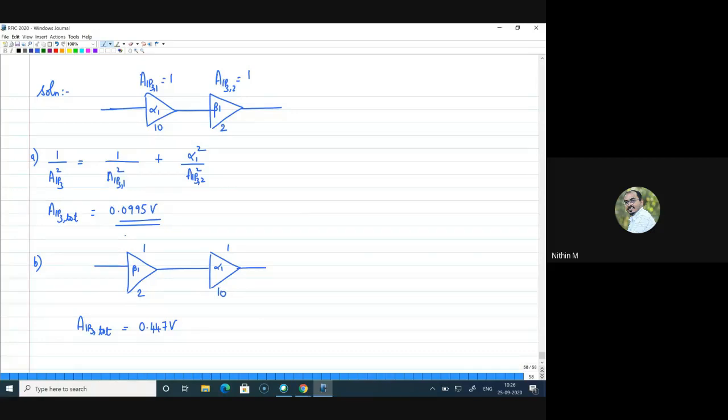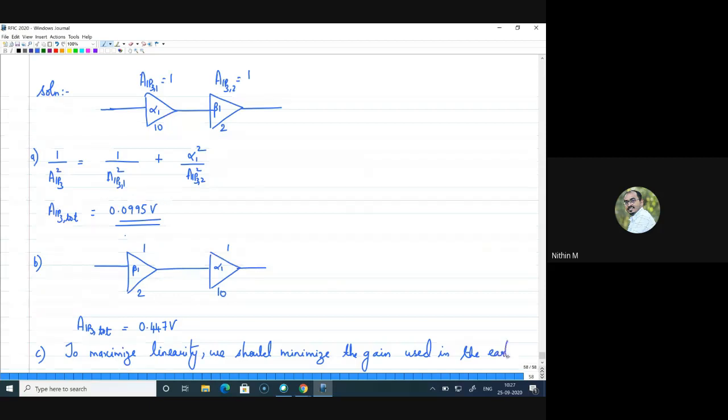So the answer for the C part is, to maximize linearity, we should minimize the gain used in the early stages, early stages of a cascade.